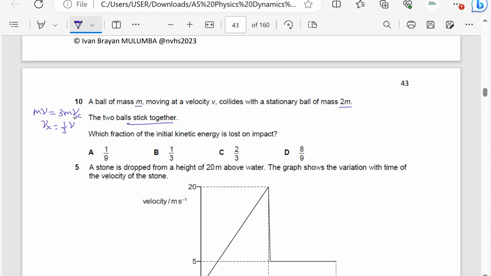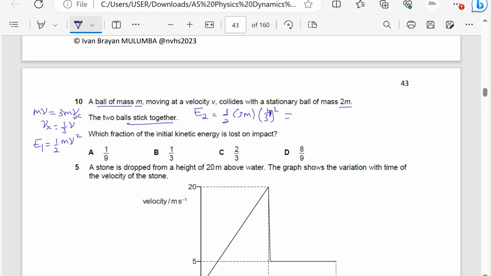So the initial kinetic energy, I'll call it E1, is going to be a half times mass m times v squared, because the other ball was at rest, so it is only this one which had kinetic energy. That is the initial kinetic energy. Then the kinetic energy after the impact, E2, is going to be a half times the total mass 3m, times the velocity, 1 over 3 times v, squared.